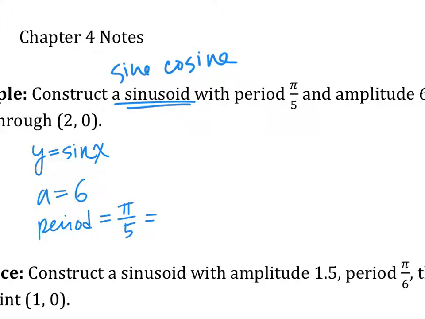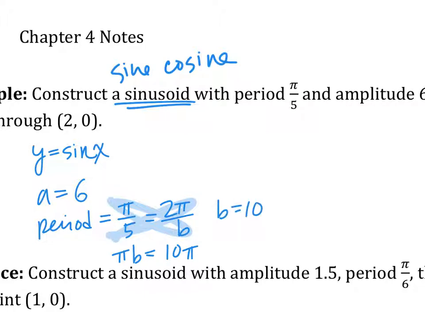The period equation is what? 2 pi over b. So what we're going to do is cross multiply and solve for b. So pi times b is equal to 5 times 2 pi. So 10 pi. So b is 10. Okay, so y equals 6 sine 10x.